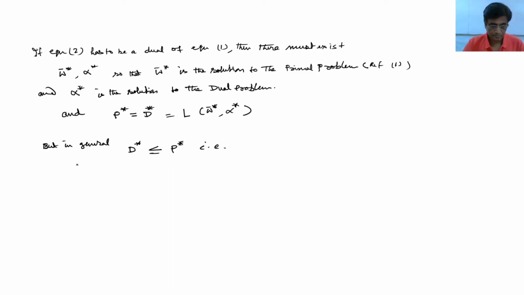So what is the meaning of this? That means the maximum of minimum, max min, is less than or equal to min max function. So max min function is less than or equal to min max function.